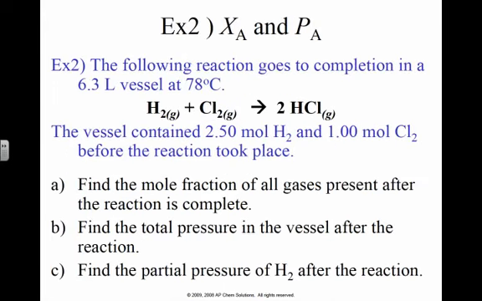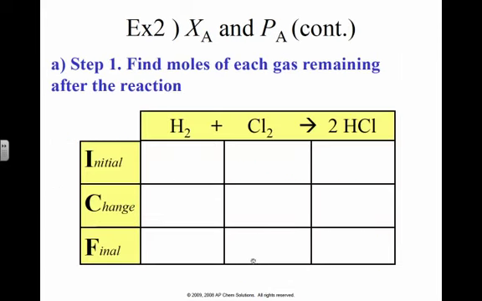The following reaction goes to completion in a 6.3 liter vessel at 78 degrees Celsius. The vessel contained 2.5 moles of hydrogen and 1 mole of chlorine. Okay, we're going to find the mole fraction of all the gases, find the total pressure, and find the partial pressure of hydrogen. First of all, I'm going to plug in my original amounts, 2.5 moles of this and 1 mole of this right here. Notice for every 1 mole of chlorine, don't I need 1 mole of hydrogen? Do I have 1 mole of hydrogen?